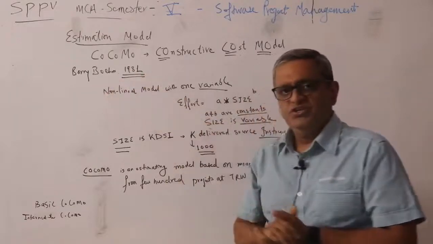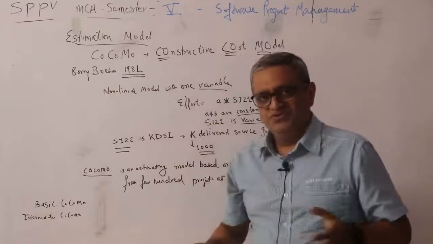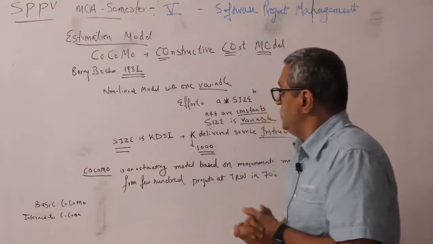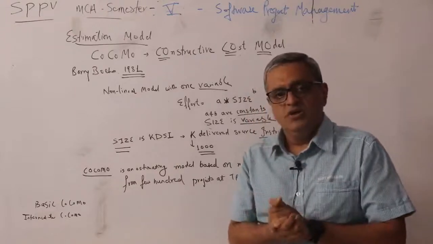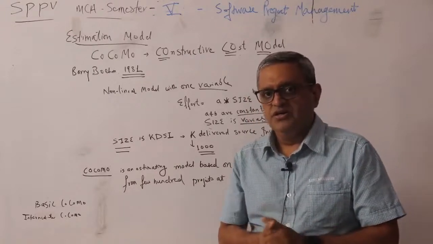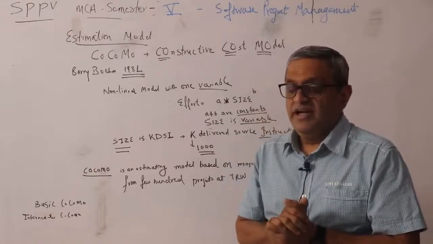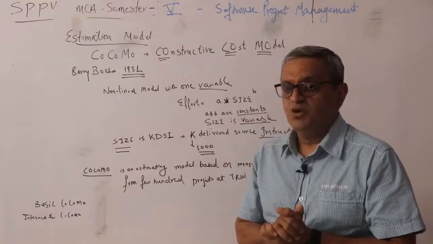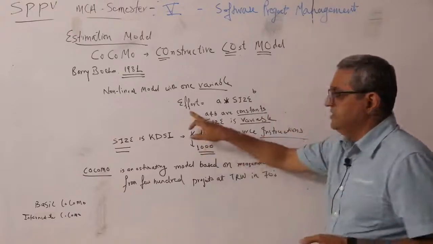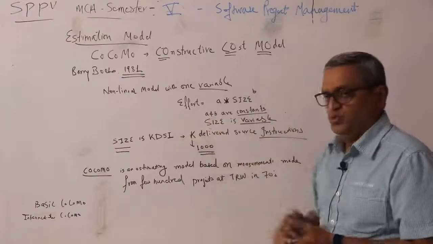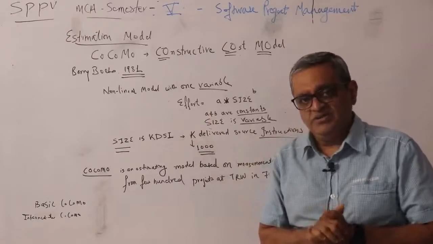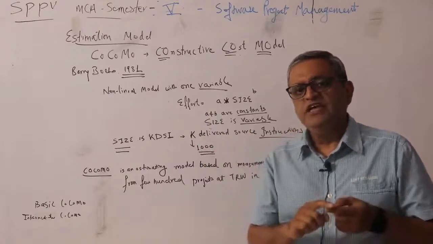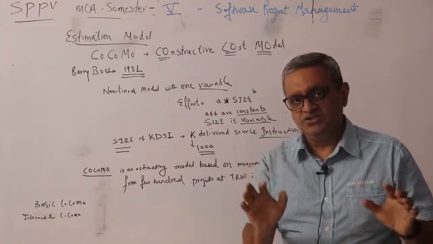It was formulated by Barry Boehm in 1981, and this is a model which has one variable and two constants. So it's a non-linear model, and the formula is effort equals A multiplied by size raised to B, where A and B are constants.